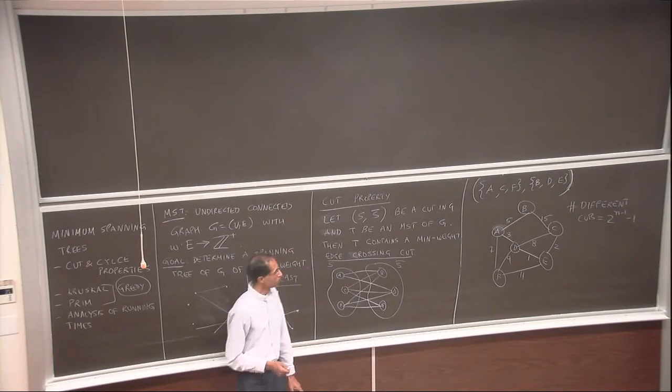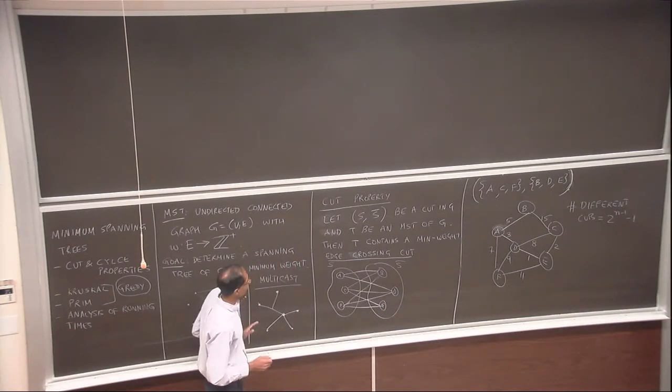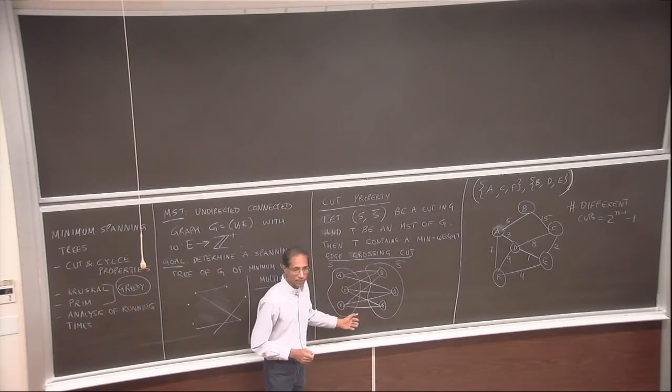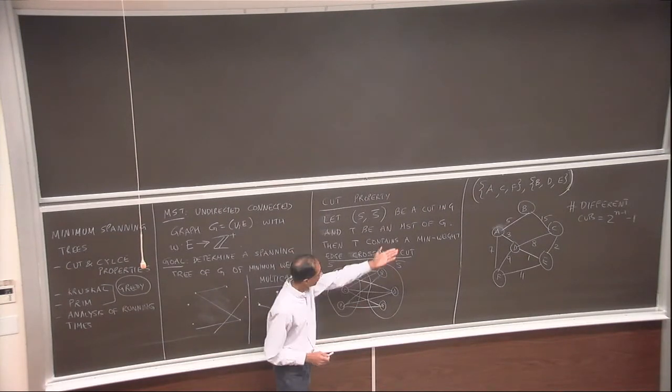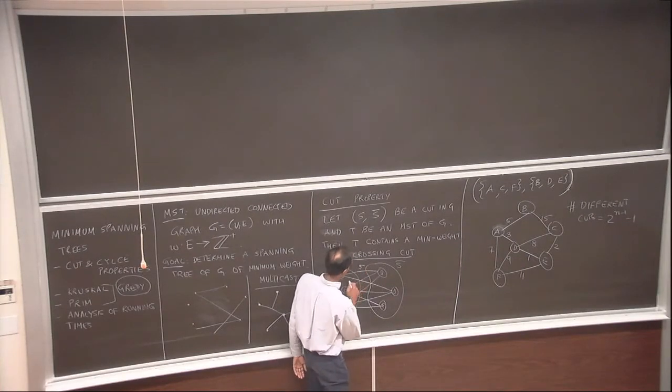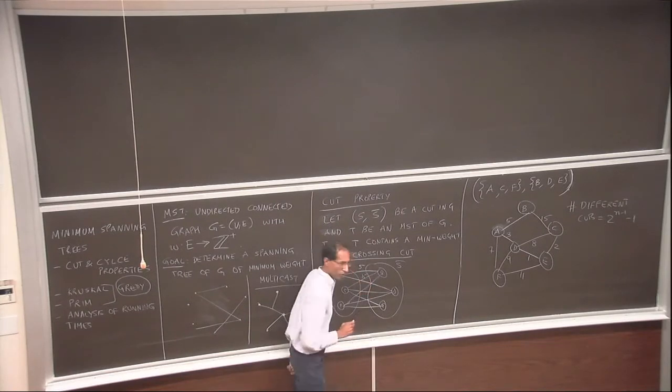All right? Good. Now these edges could have different weights. A to B is 5, C to B is 15, and so on. I'm not drawing all of them.